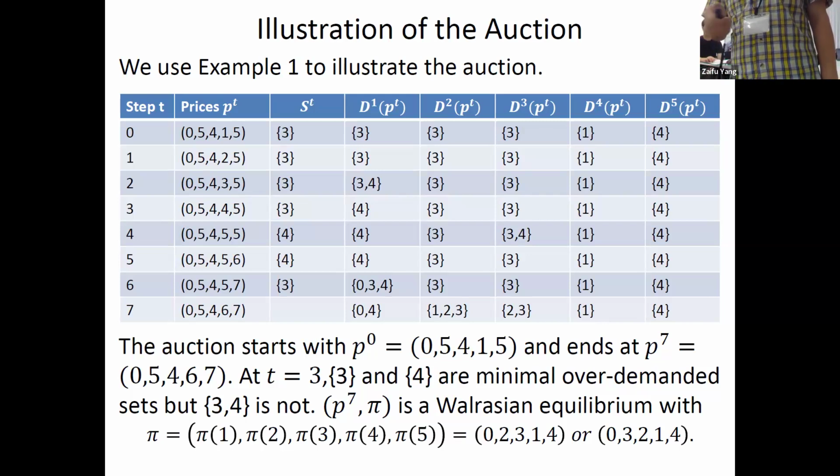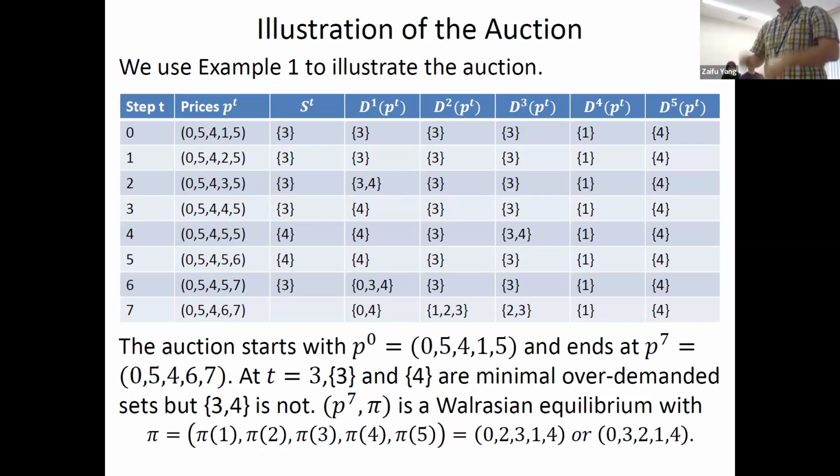So you see here in the last round, we stop because there's no over demand anymore. Then you see here we can assign item 4 to bidder 5, item 1 to bidder 4. Bidder 1 should get no item, and for 2, 3 you can assign either way, right?